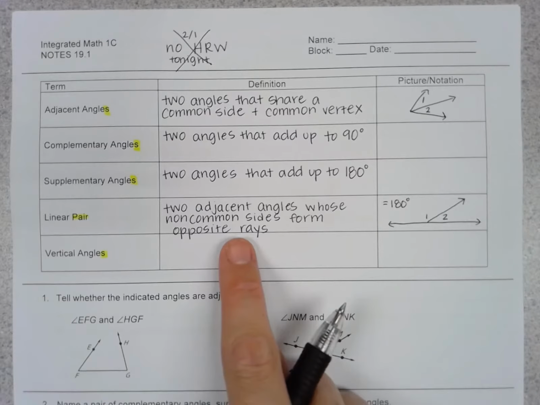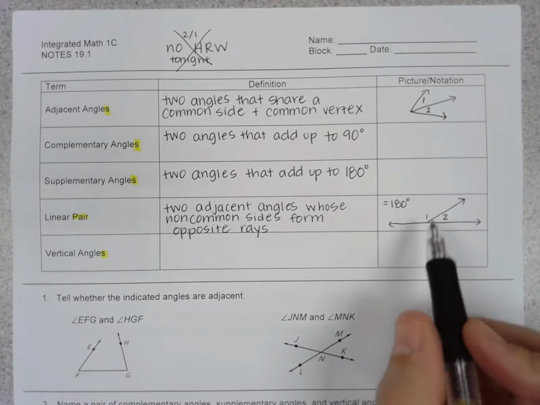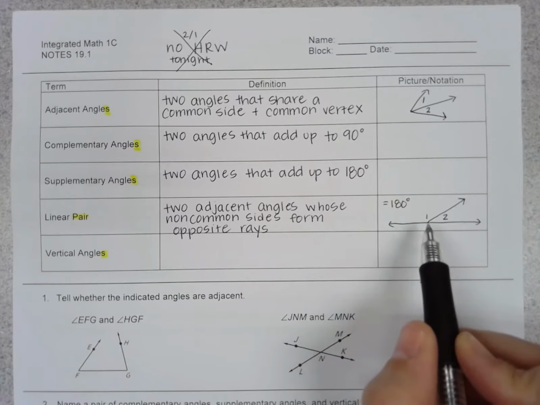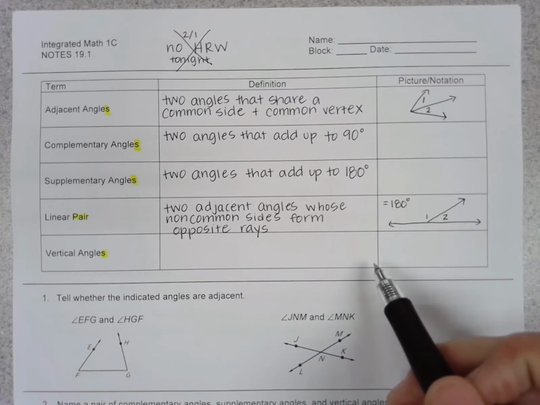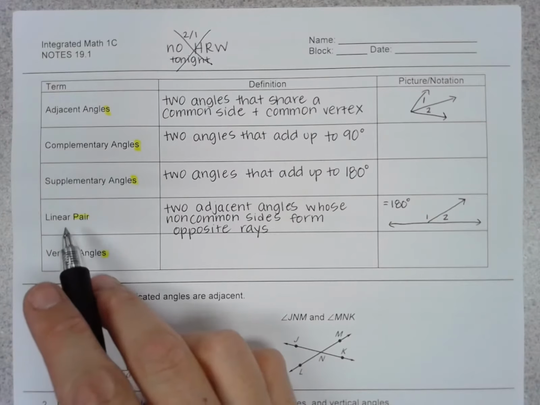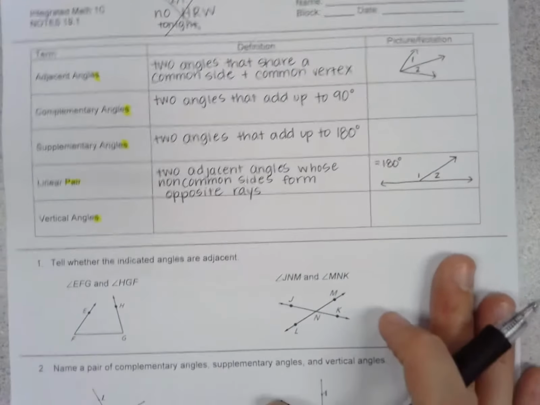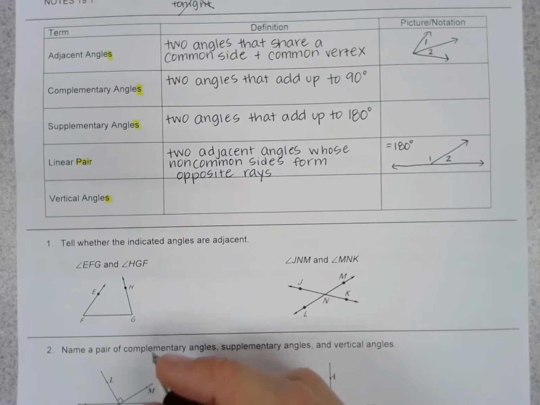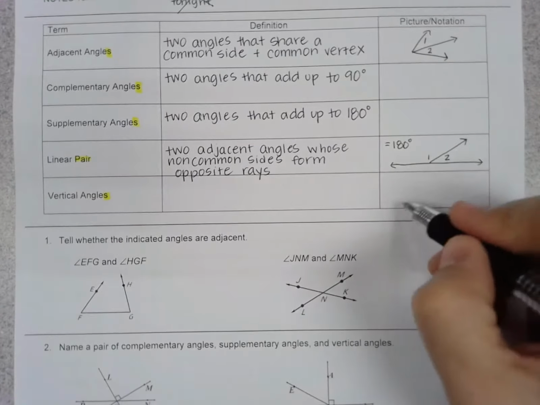And so this is saying that the other two sides, so the sides that aren't the side that's the same, one of them's going in this direction, and then the other one is going exactly in the opposite direction. And so that's what makes it be 180 degrees. But if you can remember that linear pair means that it's a line, you'll remember better with the picture, or some people think so.